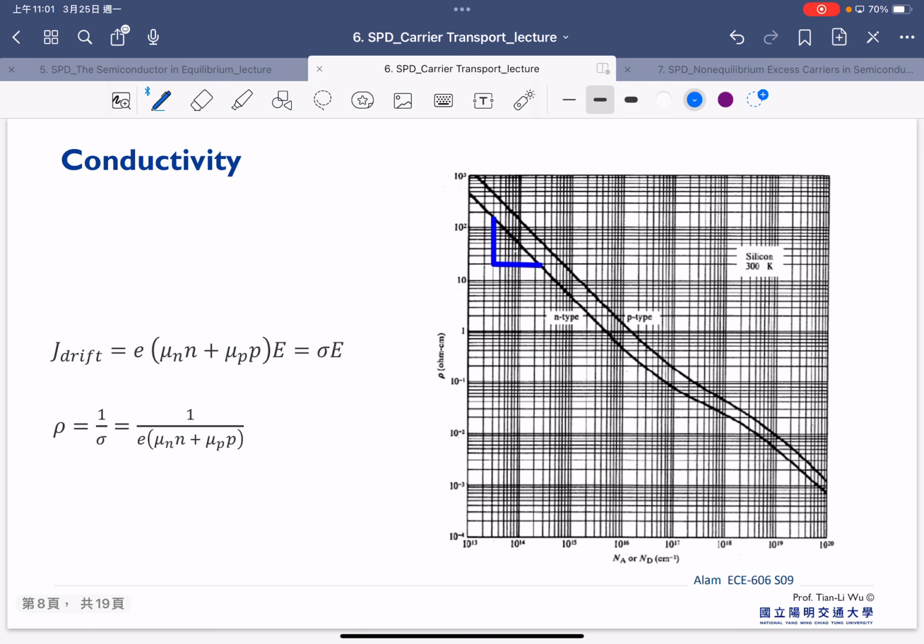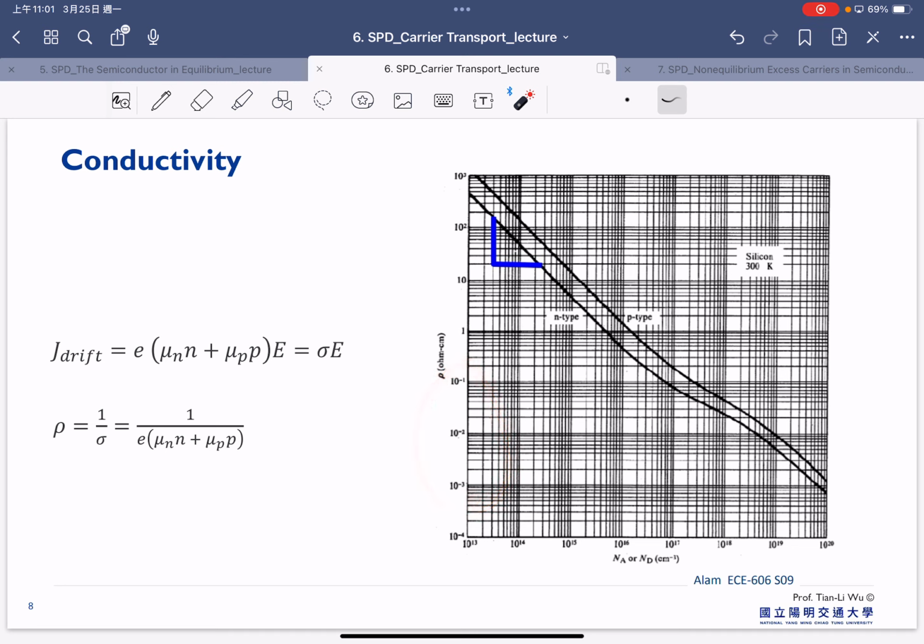And here is the concentration dependence of the conductivity. I think it's very straightforward that as long as you have a higher concentration, your conductivity is higher.